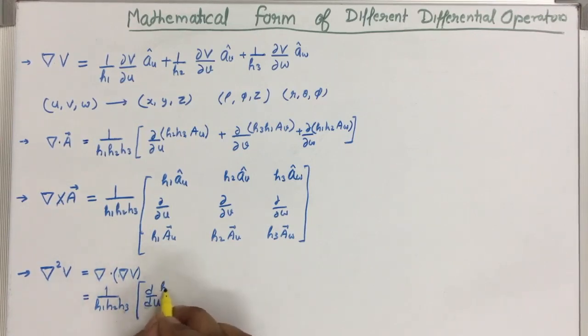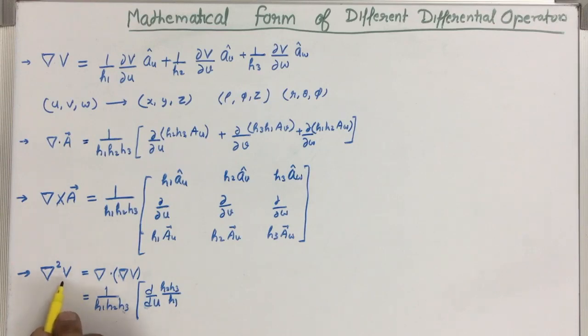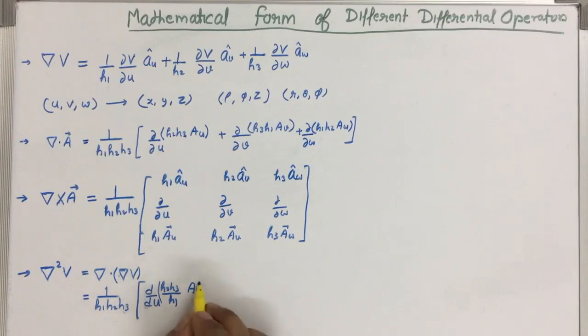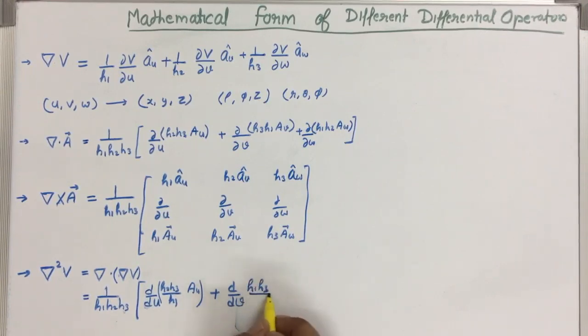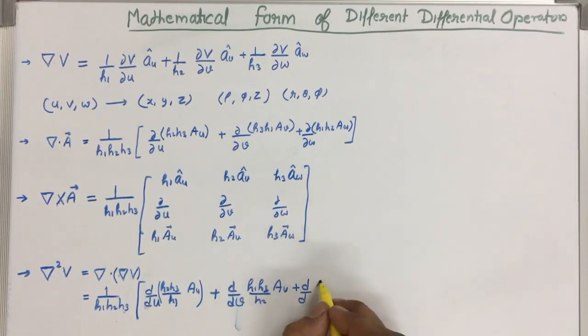First term is there, so h2 h3 divided by h1 will be here, multiplied with this, in the direction of a_u, plus d over dv, this is second, so h1 h3 divided by h2 a_v, plus h2 h1 divided by h3 a_w.